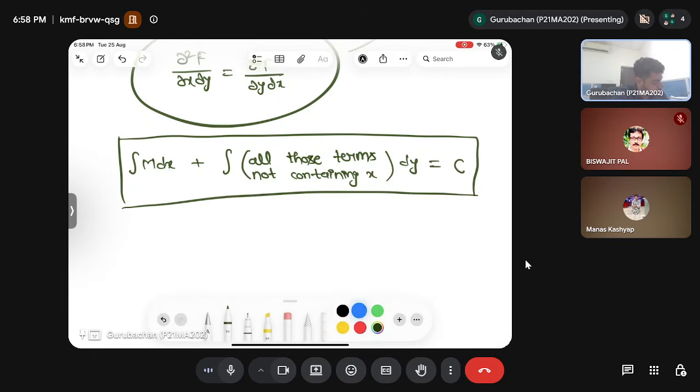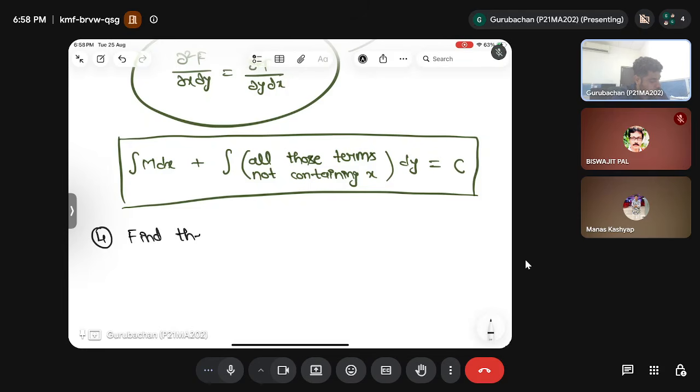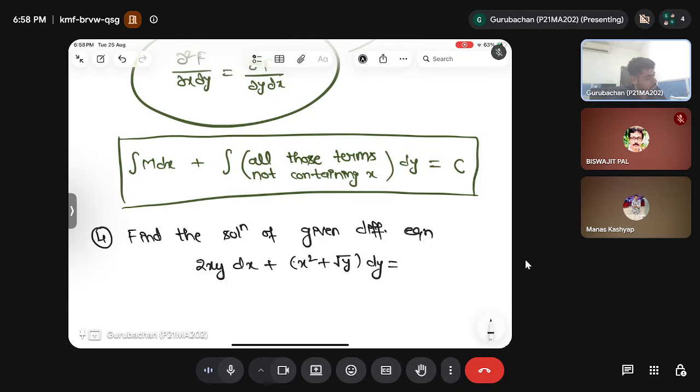On the basis of this, find the solution of the given differential equation 2xy dx plus (x square plus under root y) dy is equal to 0. You try this one.